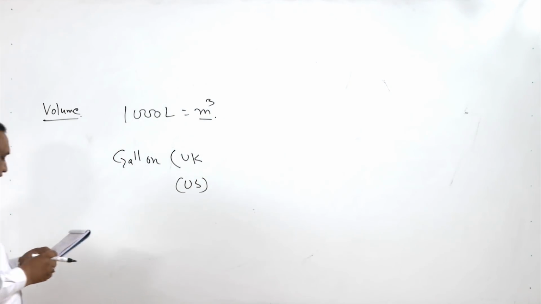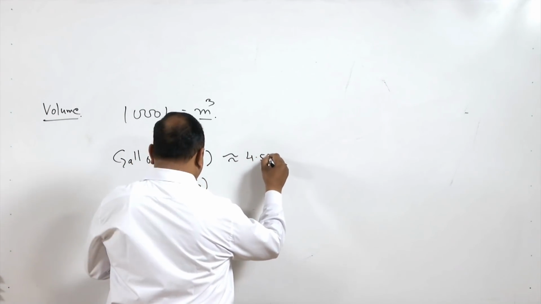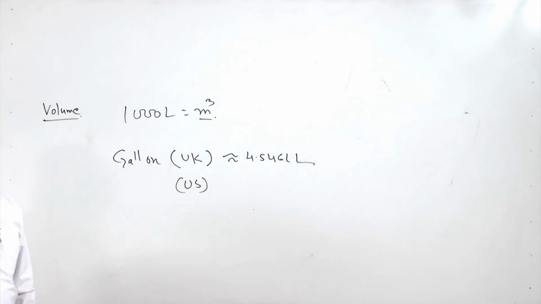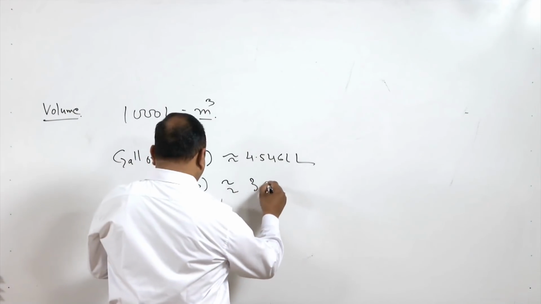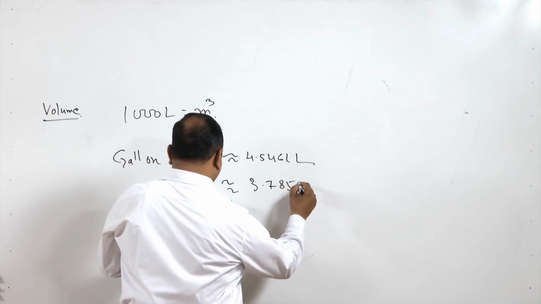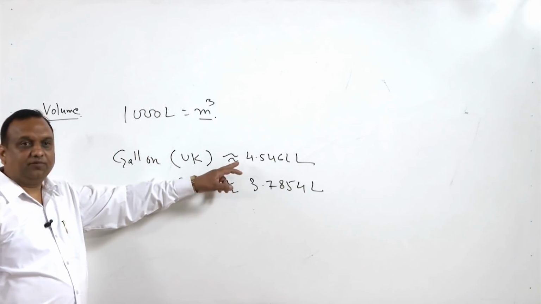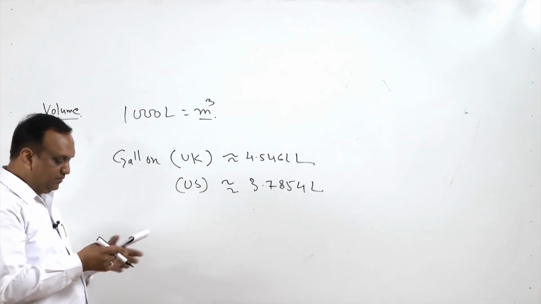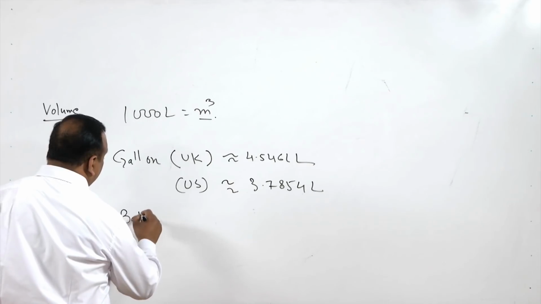The gallon of UK is approximately 4.5461 liters. Now the gallon of US is 3.7854 liters. They are substantially different from each other. Similarly, barrel. There is another unit of volume, barrel.